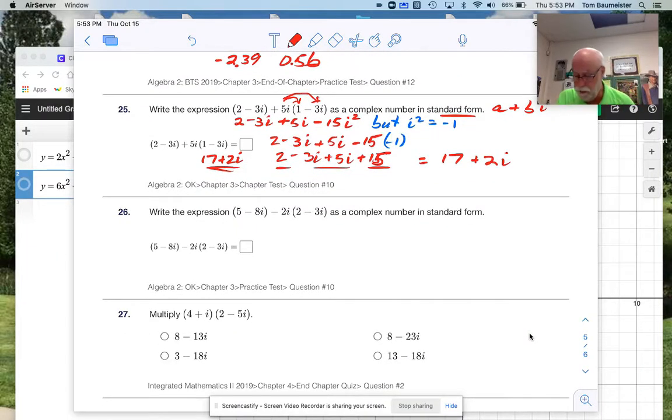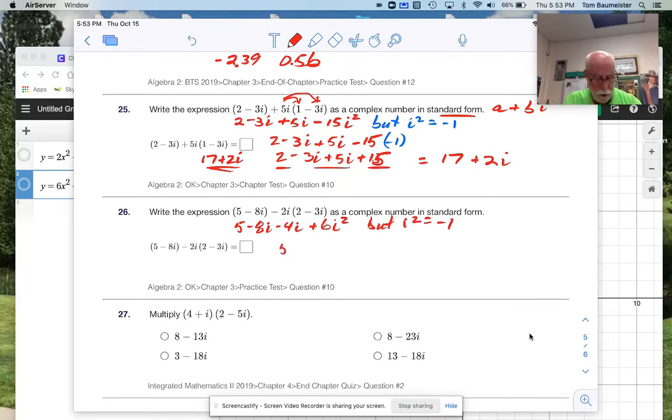26 is just the same as that one. So we're going to do 5 minus 8i. I'm going to distribute that negative 2 through the parentheses. That'll give me minus 4i. Negative times a negative is a positive, so that'll be plus 6i squared. But again, I just told you that i squared is equal to negative 1, so that's just going to change the sign of that one.